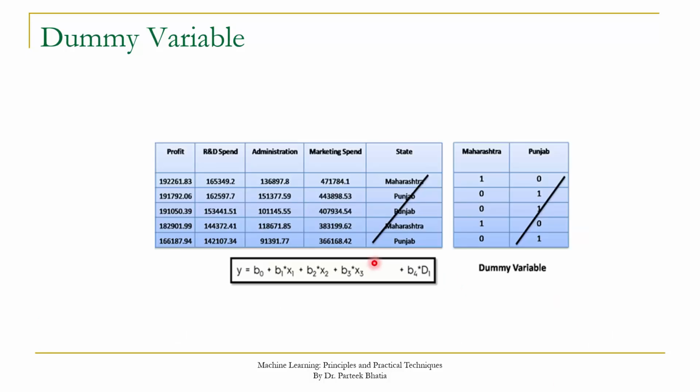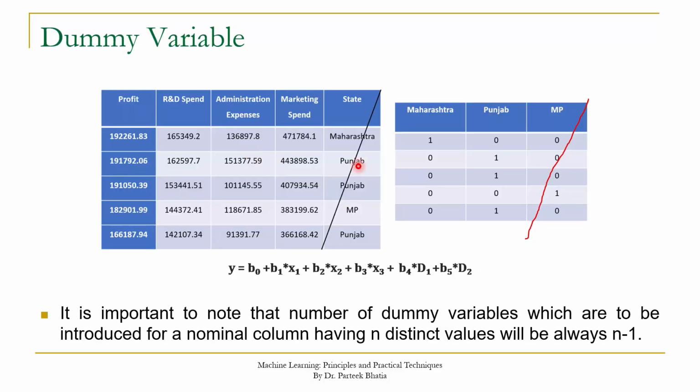In the previous case, state has only two unique values, so n is 2. We have to introduce only n minus 1, that is 1 dummy variable. So the number of dummy variables is always equal to n minus 1, where n is the number of distinct values of a nominal column. This is all about the concept of multiple linear regression.